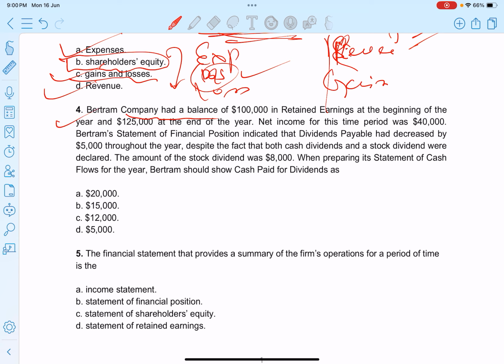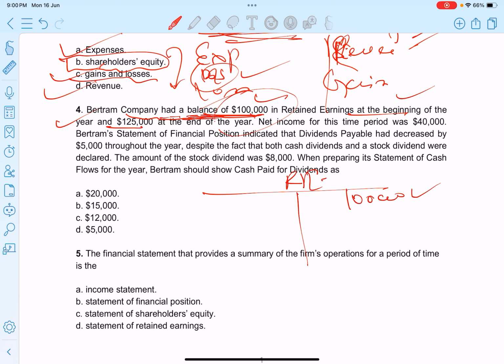Now Betram company has a balance of 100,000 in the beginning. So let's prepare the T account for retained earnings. The company had a balance in the beginning of 100,000, so we'll keep the beginning as 100,000.